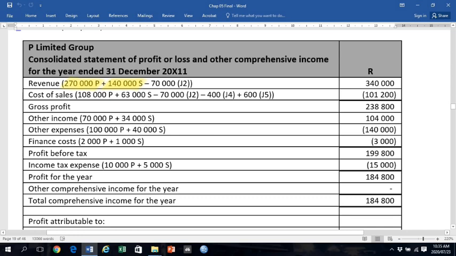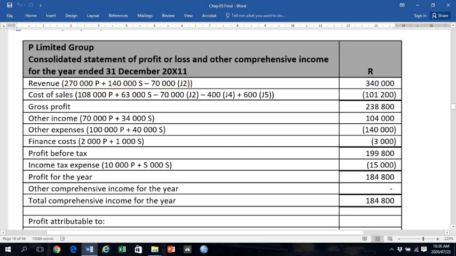The journal entry was a debit to the revenue of the parent. The effect of that journal entry is to reduce the combined revenue totals. After this journal entry was taken into account, the remaining revenue of the group represents revenue from third parties only.